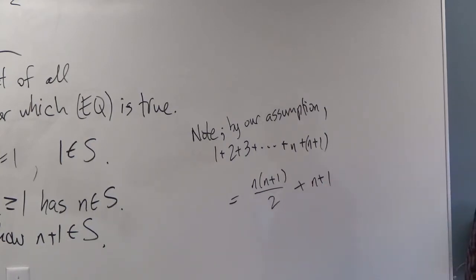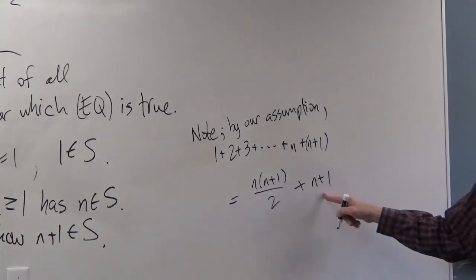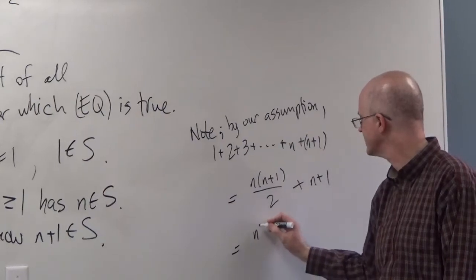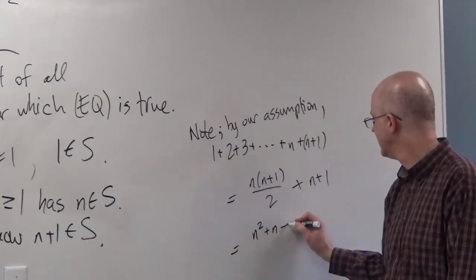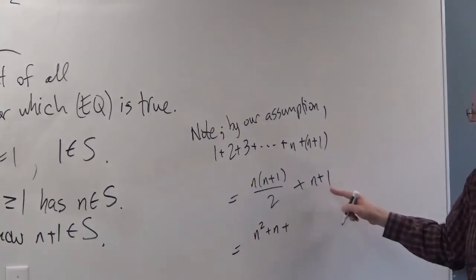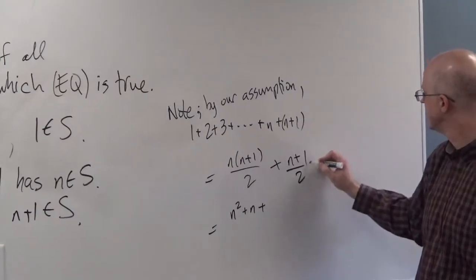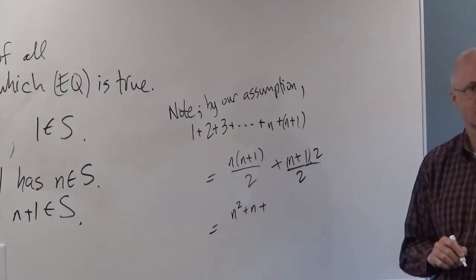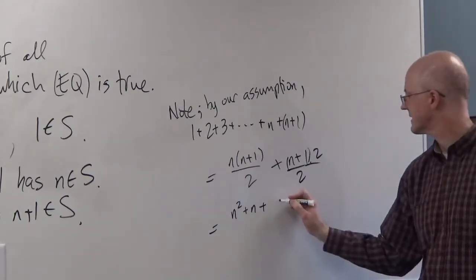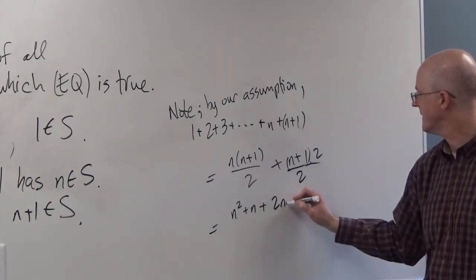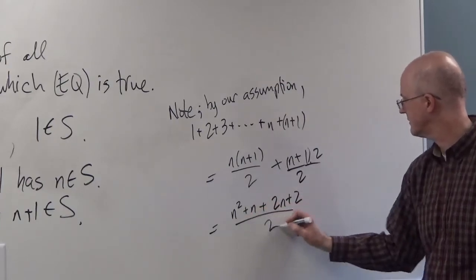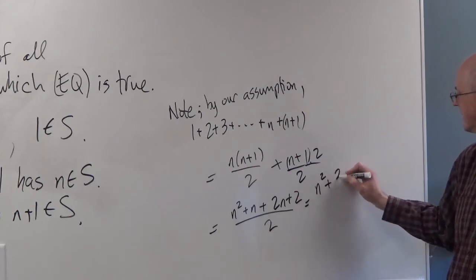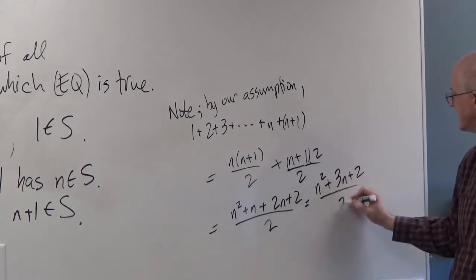Now just simplify. Get a common denominator of 2. And maybe multiply the top out here. n squared plus n. Plus, if I get a common denominator of 2 here, this is the same as this. So I get 2n plus 2 over 2. Simplified before factoring, n squared plus 3n plus 2 over 2.